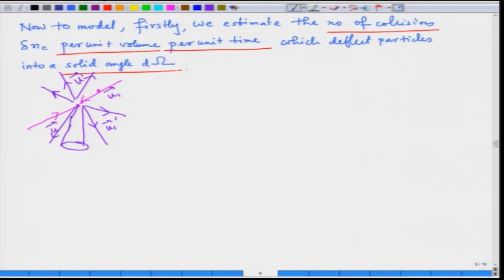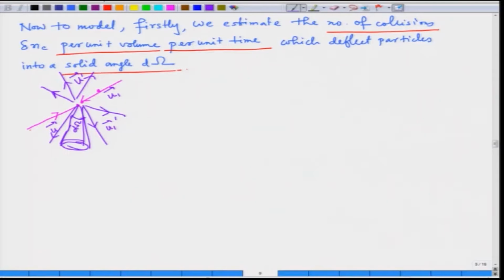So, someone can put a detector which just counts the particles which are deflected after the collision in a solid angle d omega, and we are interested in calculating that.